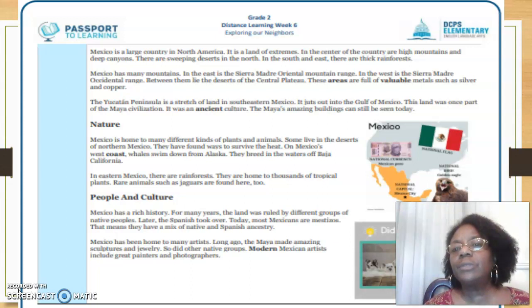Next to the peso is a picture of a Mexican flag, green, white, and red. All right. Underneath, there's a map of Mexico, and down at the bottom where you see that dot, that's the capital of Mexico. And to the right of the map is a picture of a golden eagle, which is the country's national bird.